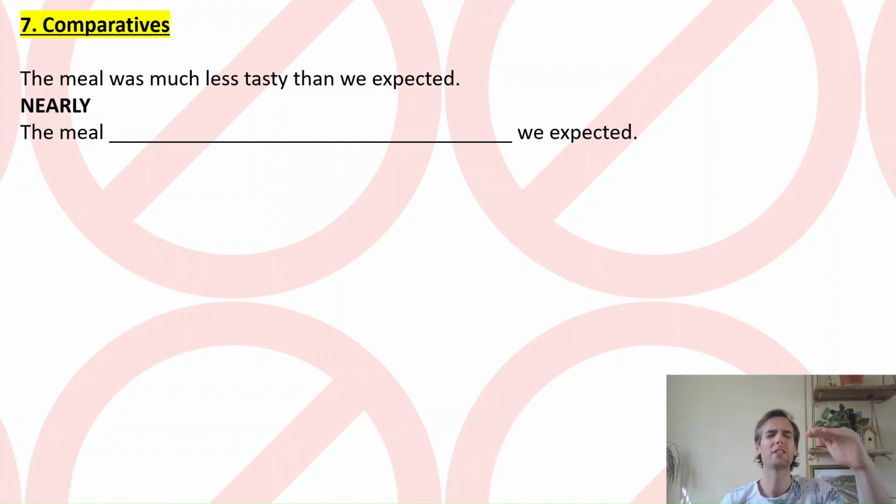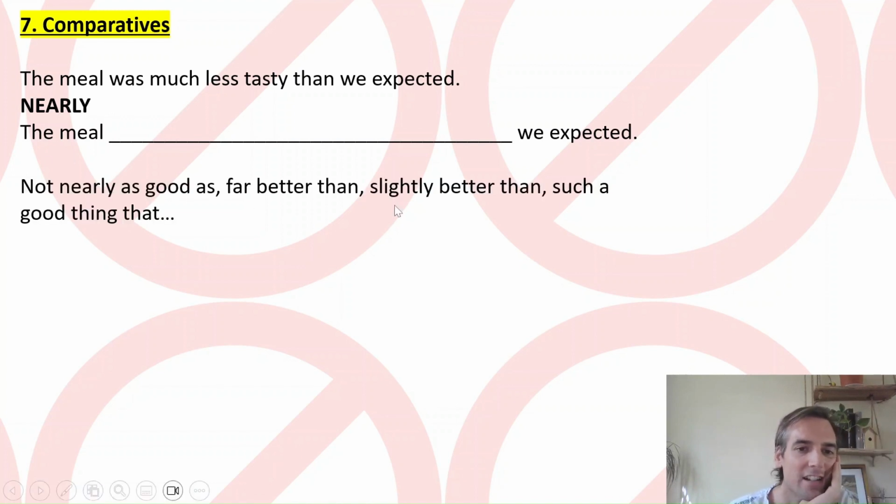So the meal much less tasty, and we need to use nearly we expected. So nearly, if it's much less, then it's not nearly as, because it's a big difference. So all these kind of expressions, not nearly as good as, far better than, slightly better than, very common on the C1 exam in part 2 as well as part 4, all kind of comparing things.